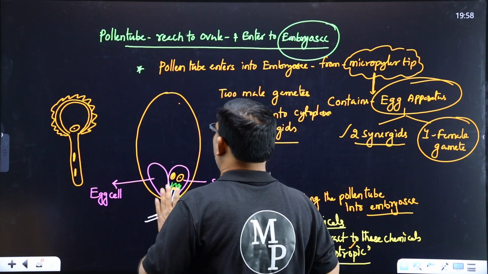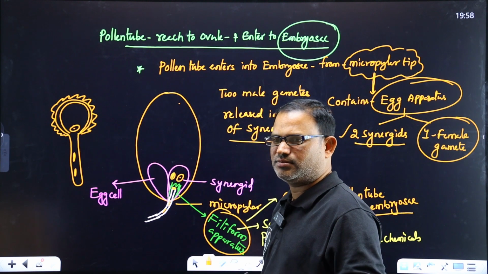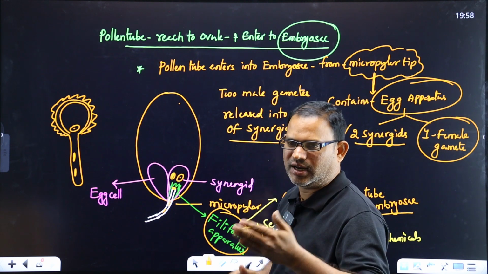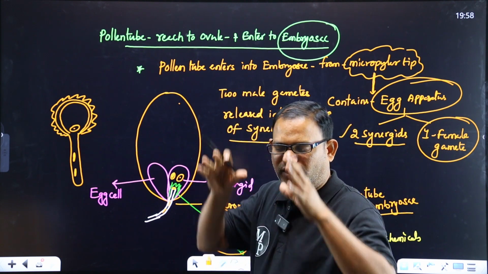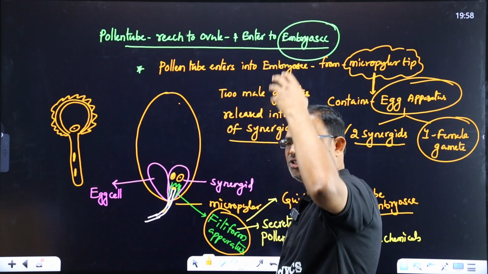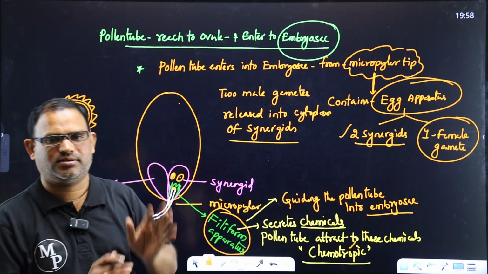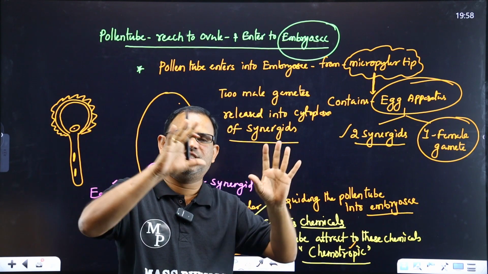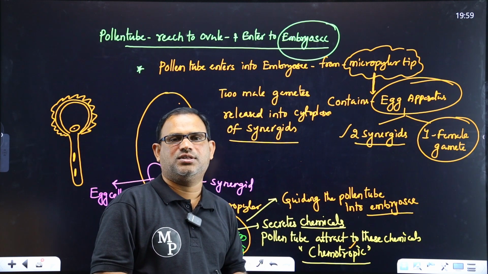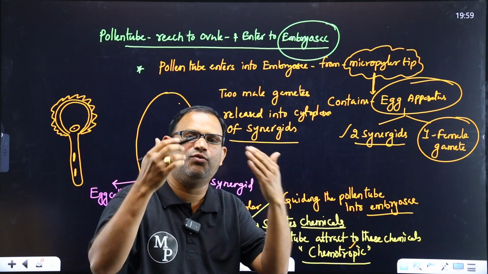First pollen grain deposition on the stigma, then pollen tube growth in the style, reaching the ovule, and finally reaching the embryo sac. All these constitute pollen-pistil interaction. Pollen-pistil interaction means pollen grain germination on the stigma, then the pollen tube enters the ovule.